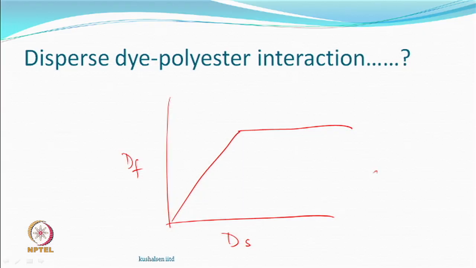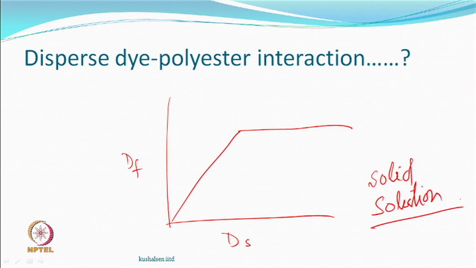Dye in a fiber at equilibrium will always show this kind of a curve, all right. This is a partition coefficient, or sometimes it is also referred to as solid solution. So, we will just try to see if we can complete this part today.